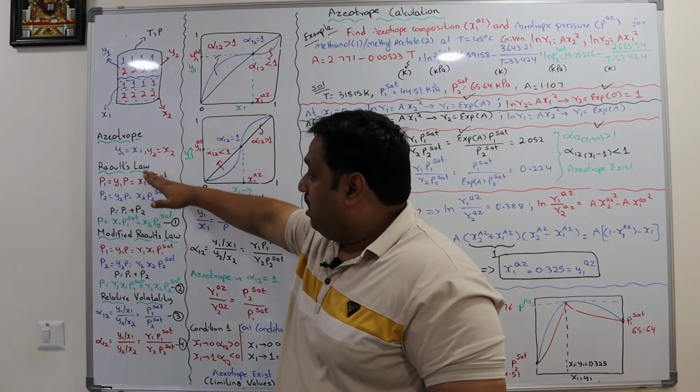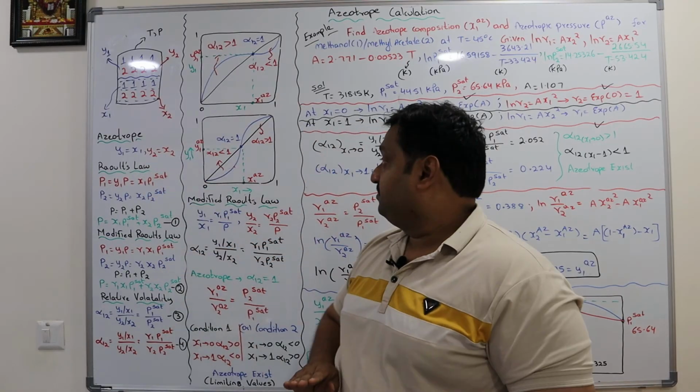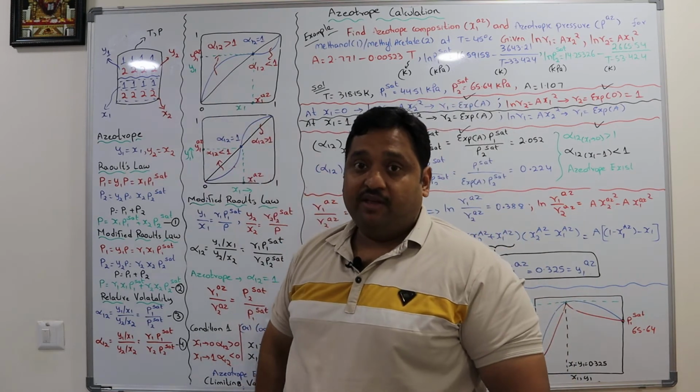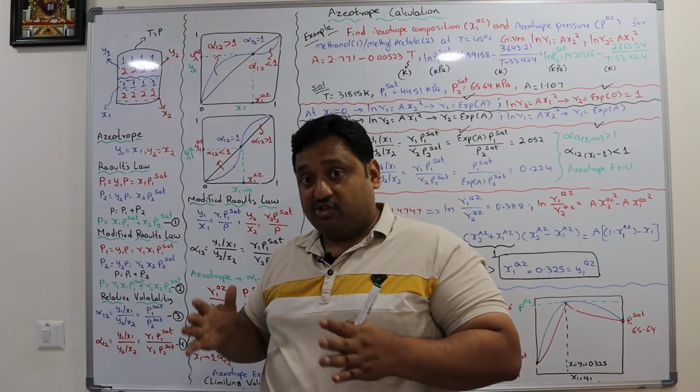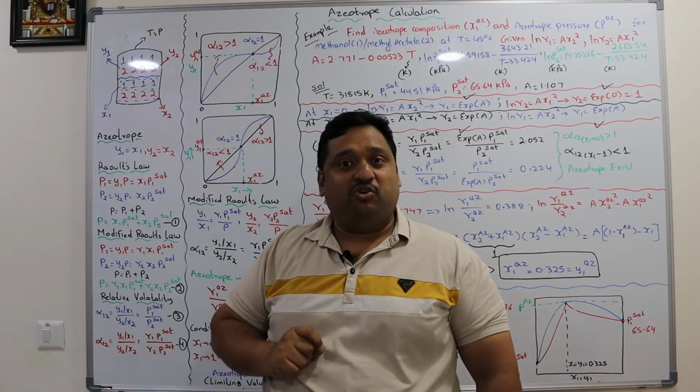As you know, we have discussed Raoult's law, modified Raoult's law and relative volatility. Let us use the composition curve. Please follow my last lecture also. From the composition curve, we can identify whether an azeotrope is going to form.